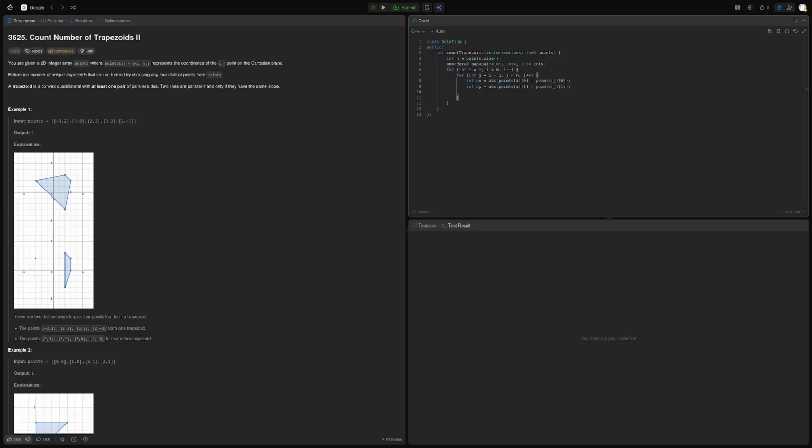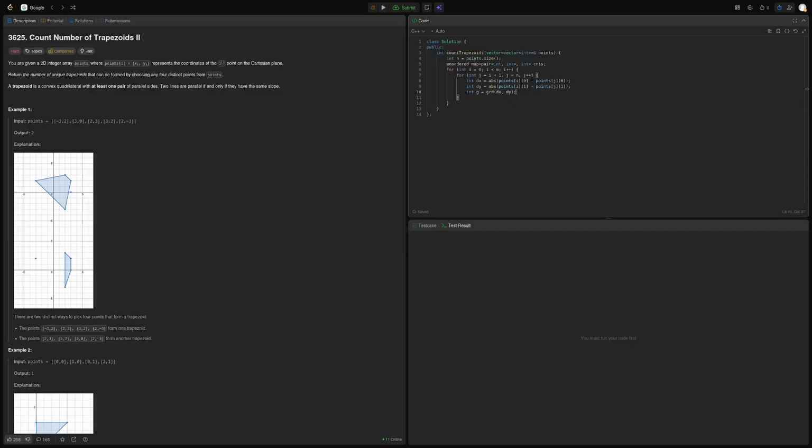Then we need to find the GCD, so int g is the GCD of dx and dy. It could potentially be 0 if they are in line, but we will return the GCD as 1 in that case, and then we can freely divide.